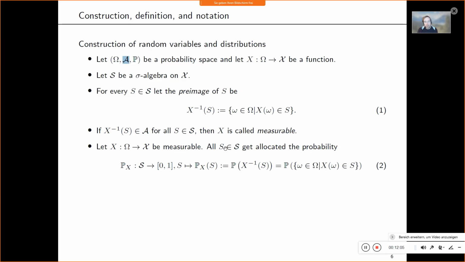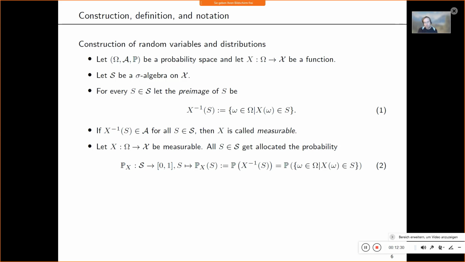And now if all these pre-images are in the sigma algebra, then automatically these subsets S of the outcome space of the function X get allocated a probability naturally, namely that probability that is associated with the pre-image.